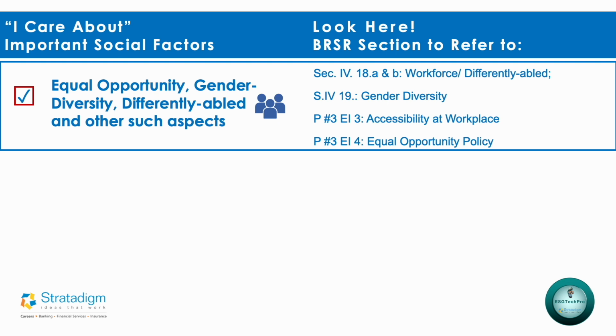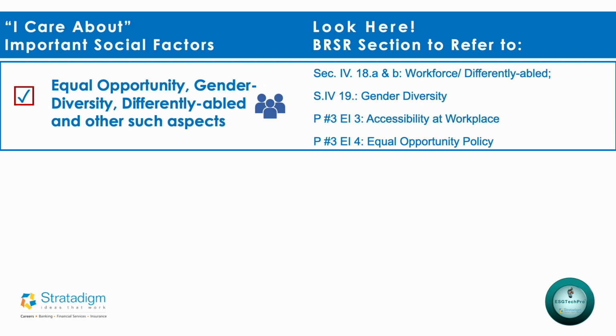Particularly, section 419 gives you data on gender diversity. But when somebody says I have differently abled people, you go to principle 3, look at essential indicator 3. Have they provided accessibility at the place of work to differently abled people? How friendly is the organization to differently abled people?